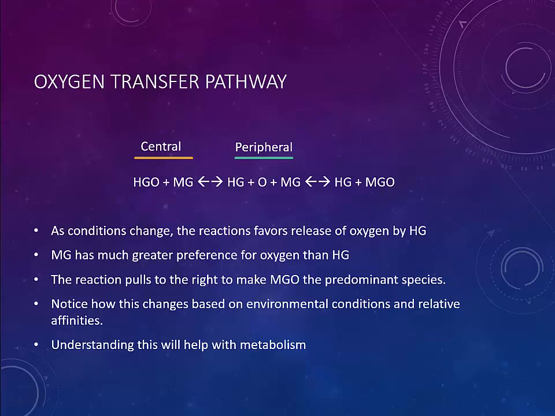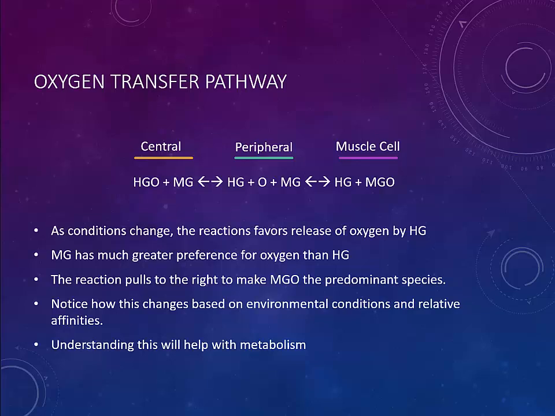So as the reaction is resulting in release of oxygen due to loss of affinity by hemoglobin in the periphery, the much stronger affinity of myoglobin allows this protein to bind and pull the reaction to what we see in the muscle cell: saturation of myoglobin and loss of oxygen on hemoglobin.